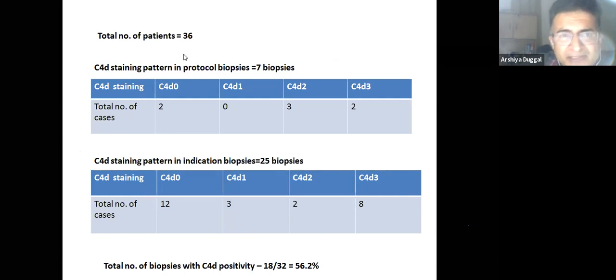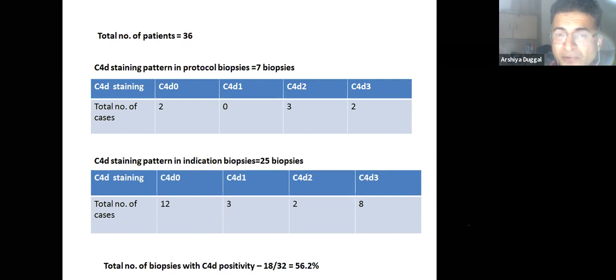So in total, 36 transplants were done, and there was a C4D staining pattern. Initially, when we started doing ABO incompatible transplants at Medanta, when I was working there, we were doing protocol biopsies, because these were the initial stages of starting the nephrology team and the ABO incompatible transplant.